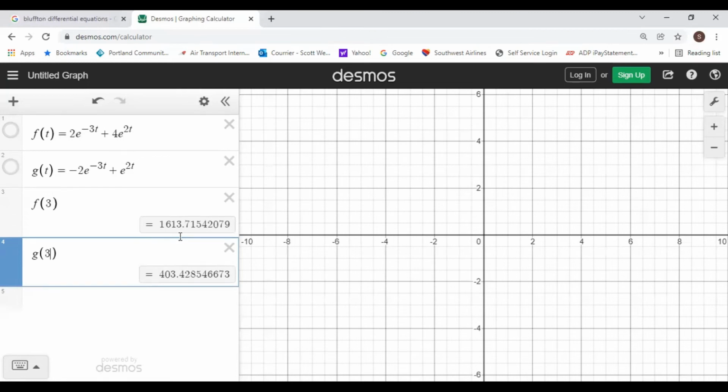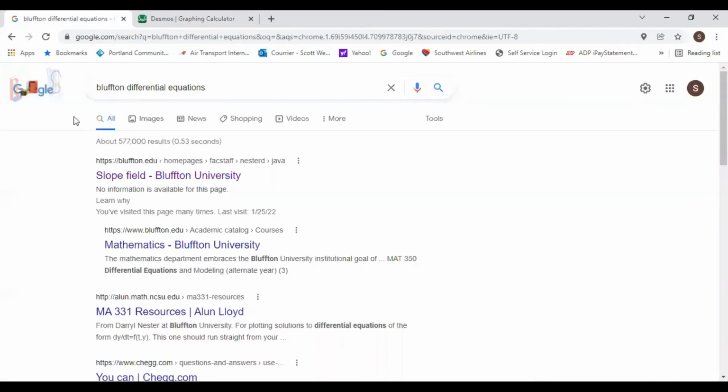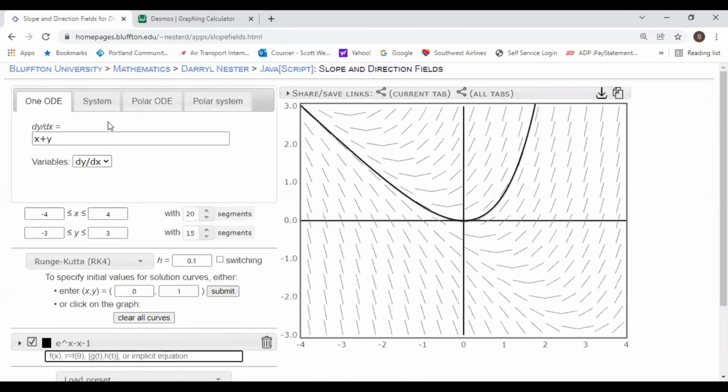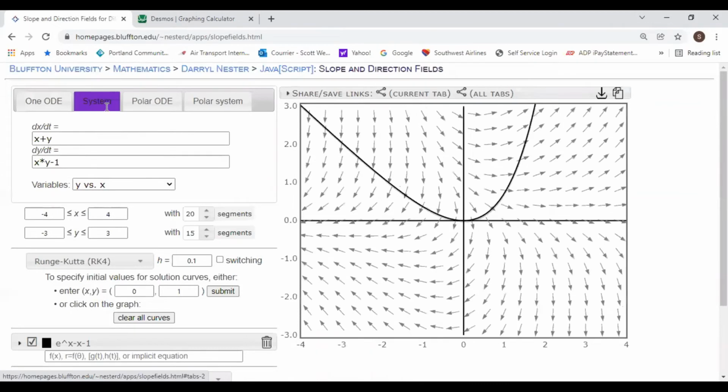Okay, so much for the exact values. Now we switch over to Bluffton, and let's see what it can tell us. One of the good reasons to find those values first is it will help us set appropriate values for the x and y axis, because Bluffton does not project much beyond what is displayed on its window.